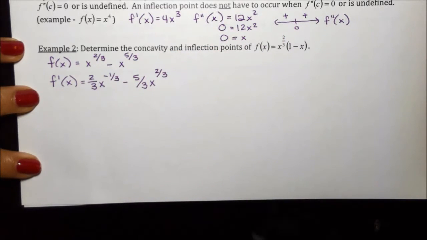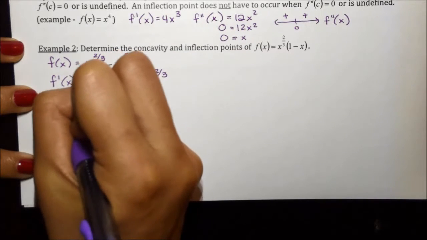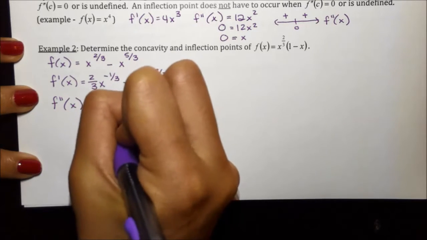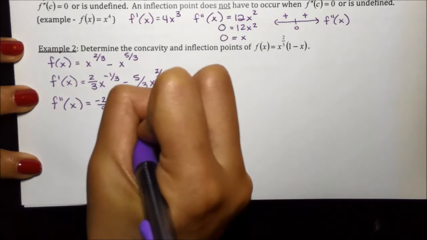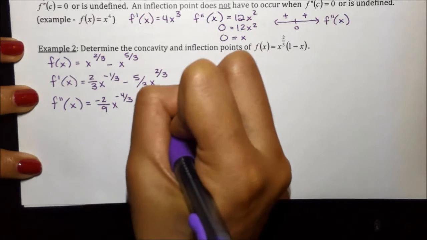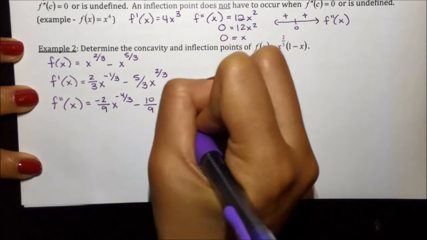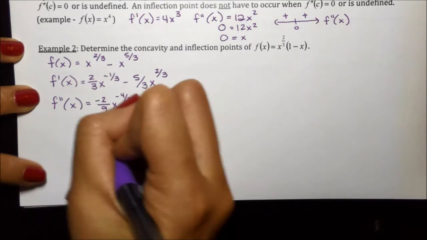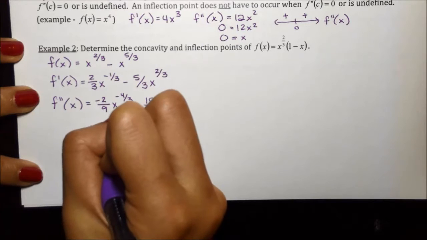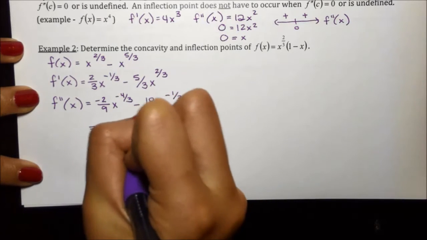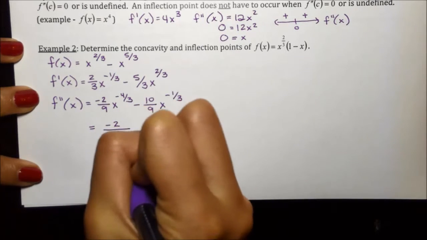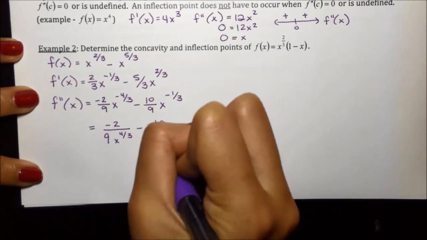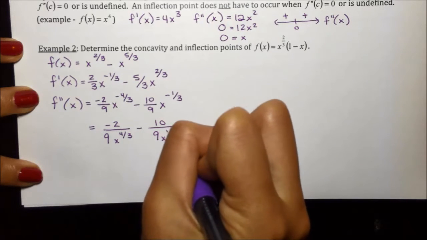And then the second derivative, -2/9 x to the -4/3 minus 10/9 x to the -1/3. And if I just make this easier for me to manipulate, -2/9 x to the 4/3 minus 10/9 x to the 1/3.